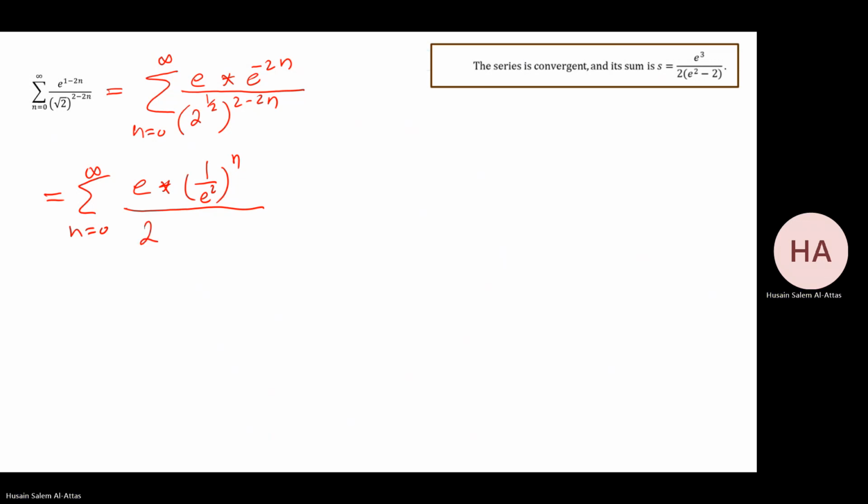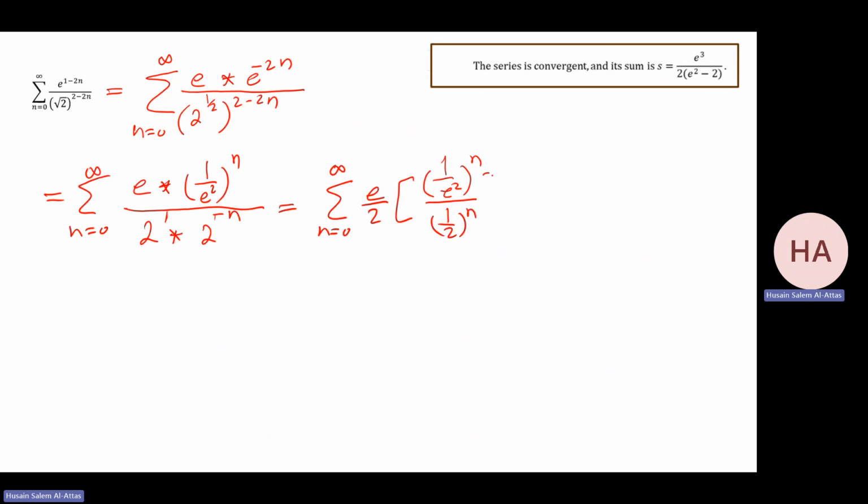Here I have 2 to the power half times 2 to the power 1, times 2 to the power half times 2 to the power minus n. So that'll give me summation n equals 0 to infinity of e over 2 times 1 over e squared to the power n over 1 over 2 to the power n.